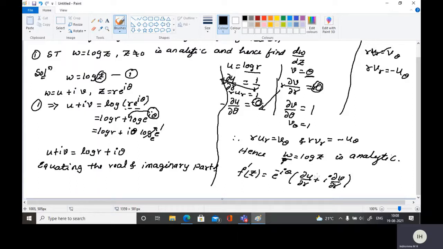Now we have to substitute for dou u by dou r and dou v by dou r. Dou u by dou r is 1 by r. Dou v by dou r is 0. We have to substitute here. I'll go to the next page.